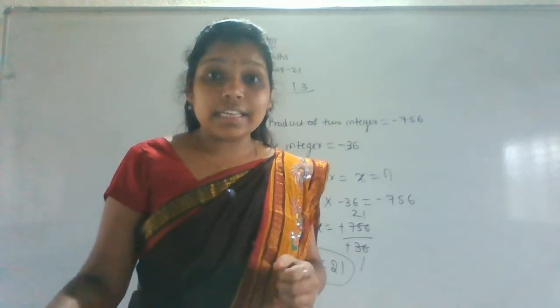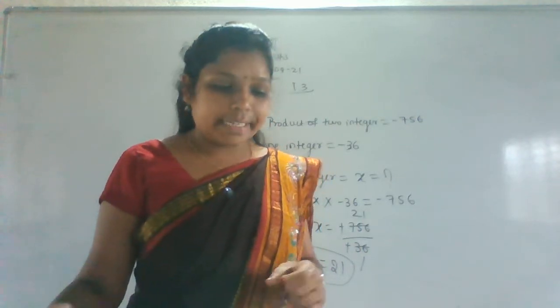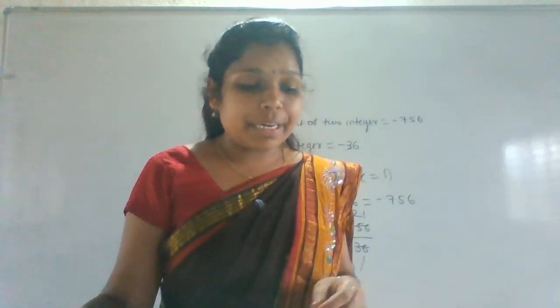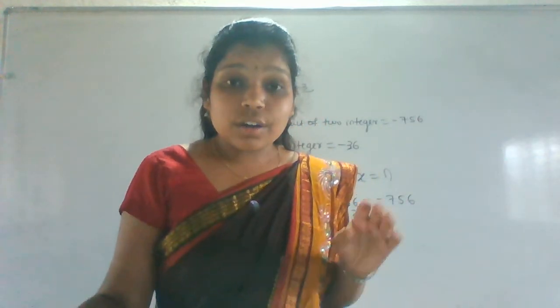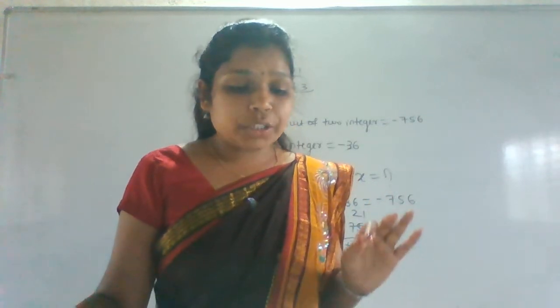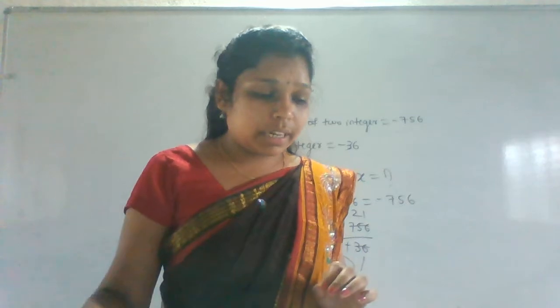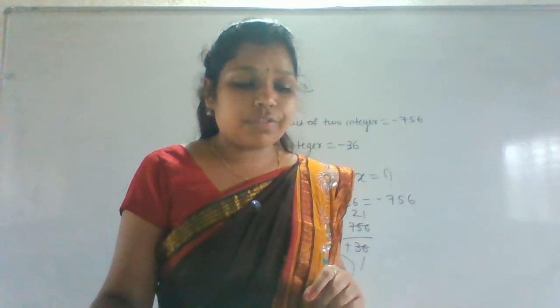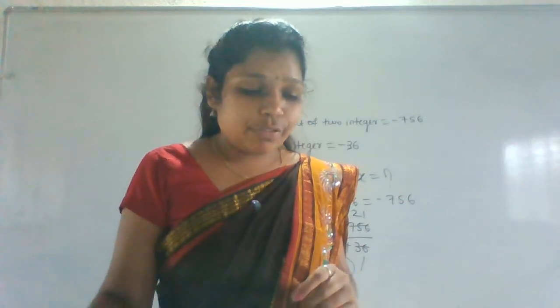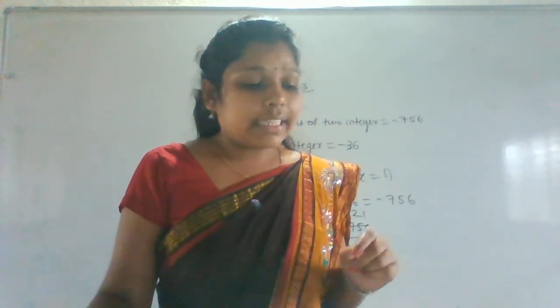Now we start with the 11th one. What is the 11th problem? Read everyone. An AC cools the room by bringing down the temperature by 4 degrees Celsius per hour. How much time would it take to bring down room temperature from 48 degrees Celsius to 24 degrees Celsius?